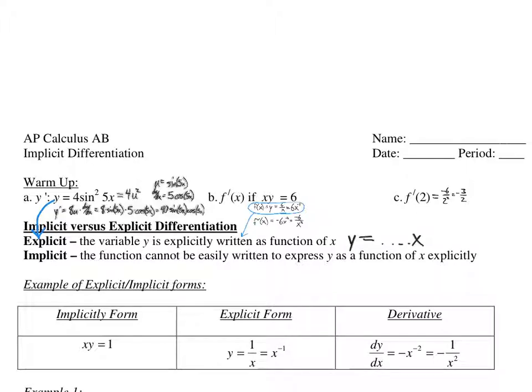Okay? Now, an implicit function cannot easily be written to express y as a function of x. Okay? It cannot easily be written to express y as a function of x explicitly.